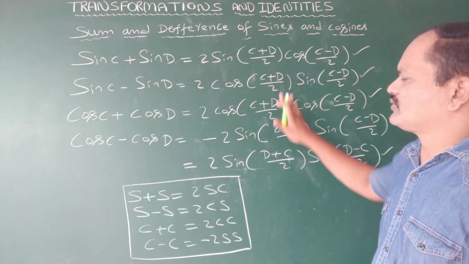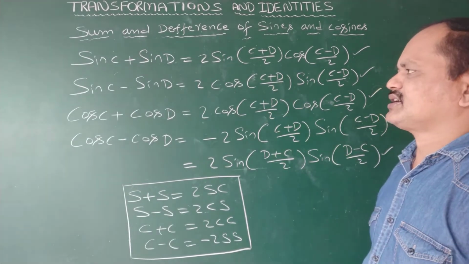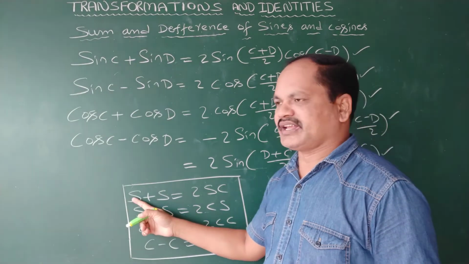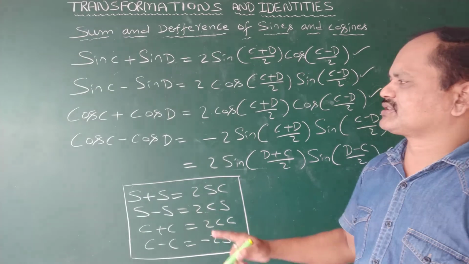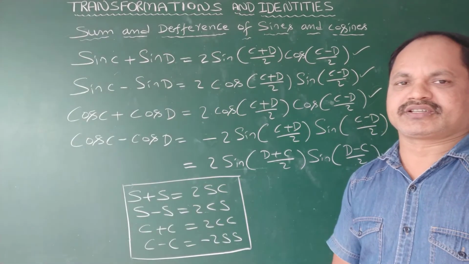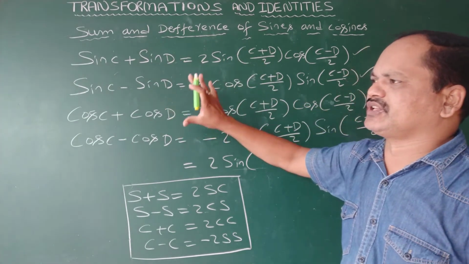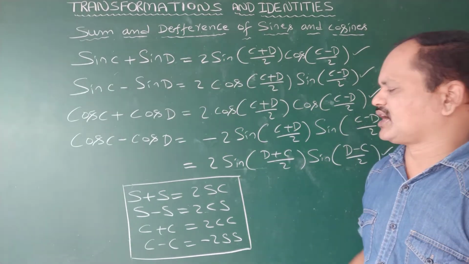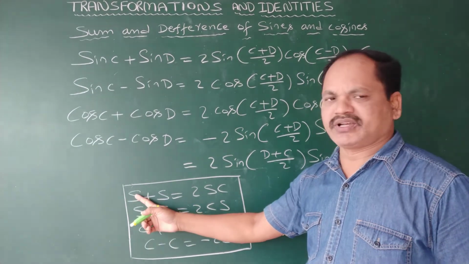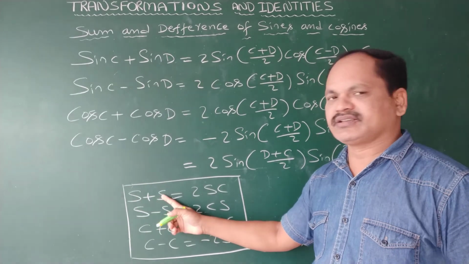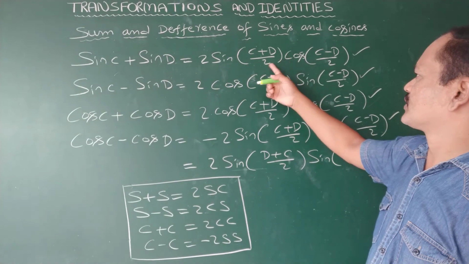That's all. Now from this we have to identify the shortcut. Here S represents sine and C represents cos. Instead of these four forms, we derive S plus S. S means the first function sin C, second sin D: sin C + sin D is 2 sin((C+D)/2) cos((C-D)/2).